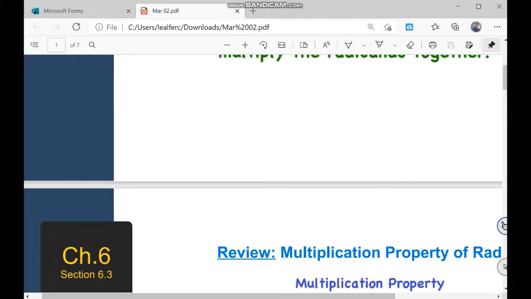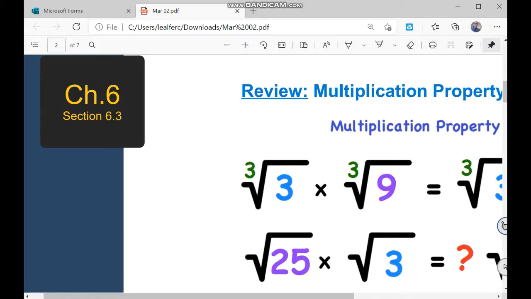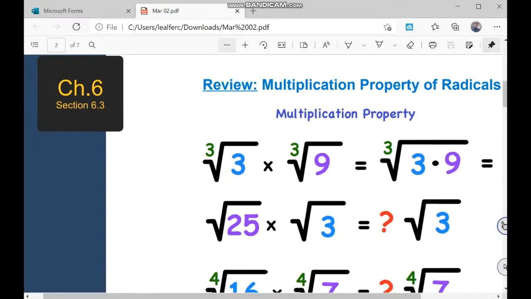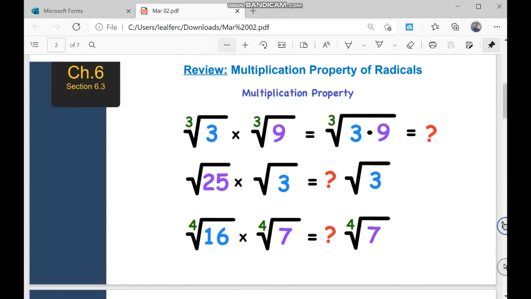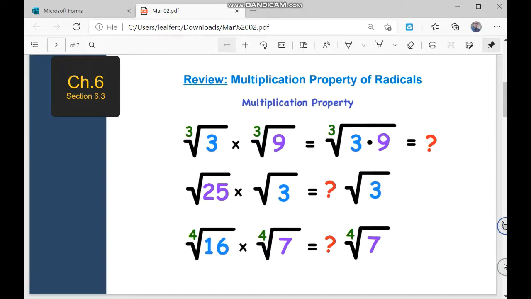I will ask you to answer this and tell me what the answer is going to be. Let me just complete a few things. The first one, letter A, we are joining together two radicals: cube root of 3 times cube root of 9.